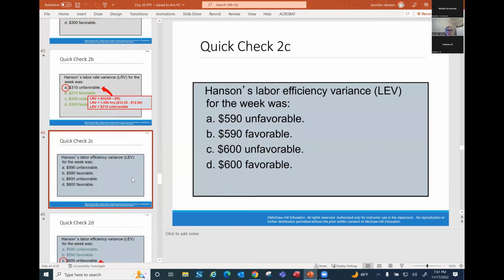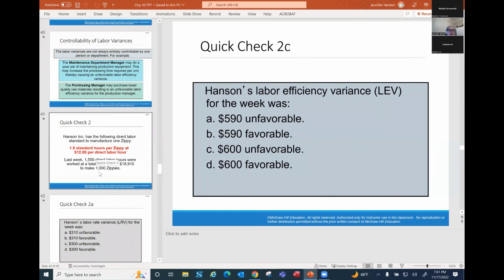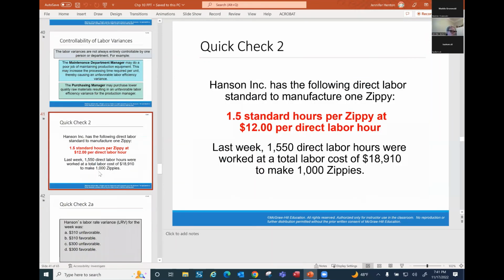Then it wants to know the labor efficiency variance, so we're looking at the number of hours. The standard rate is $12. Then we take the difference between the actual hours and the standard hours. The actual hours were 1,550. What were our standard hours?